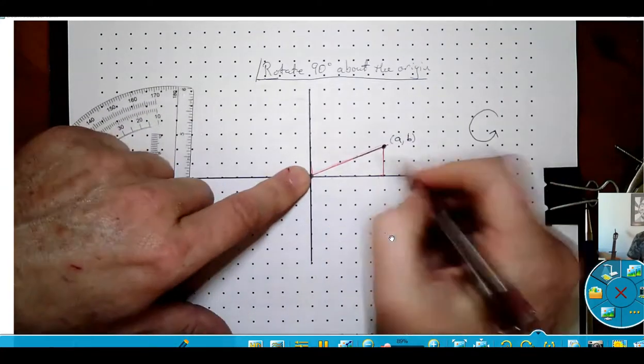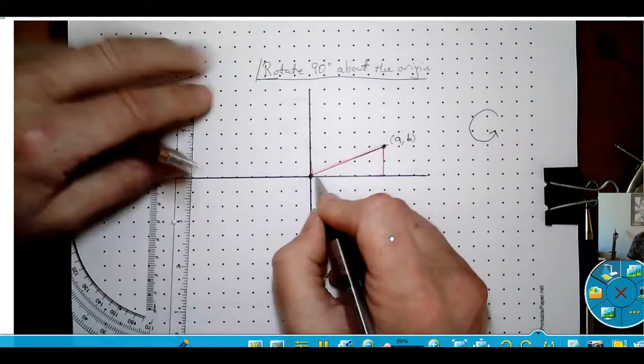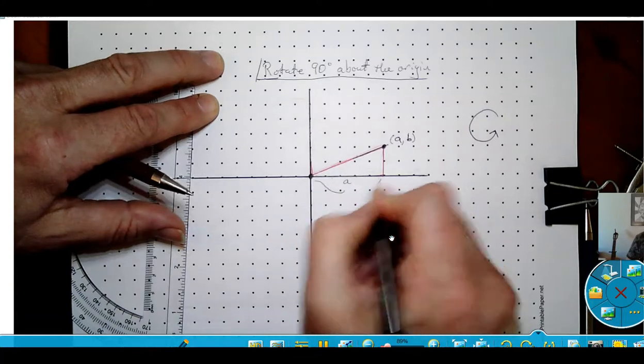So if I look at this, I'll point out that this side length right here, this x coordinate is A, right? That's the length here.